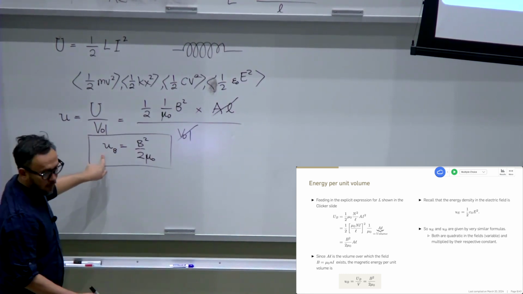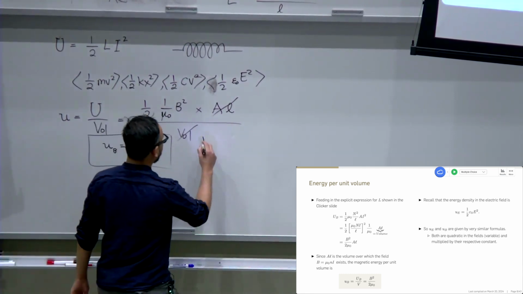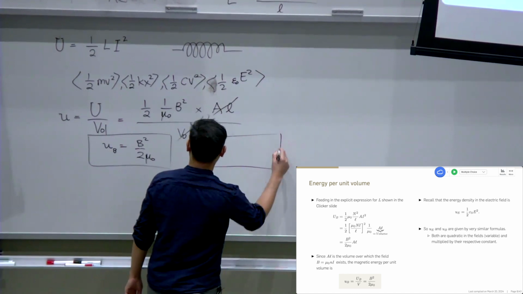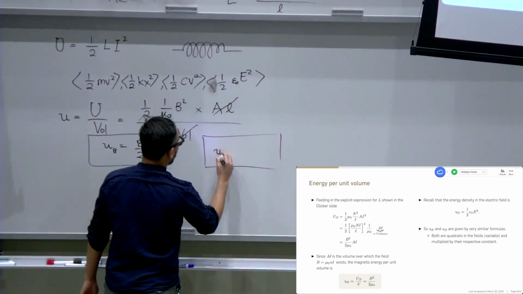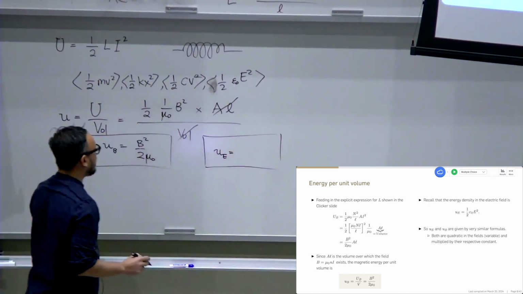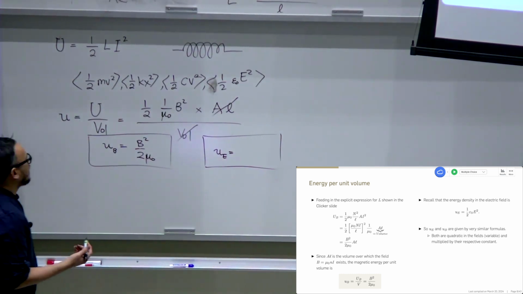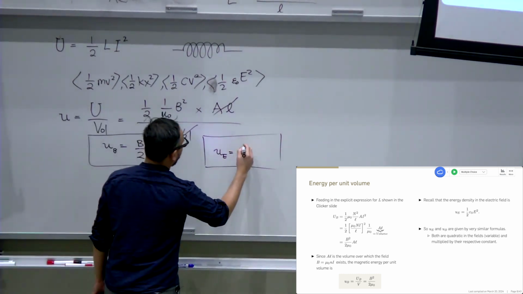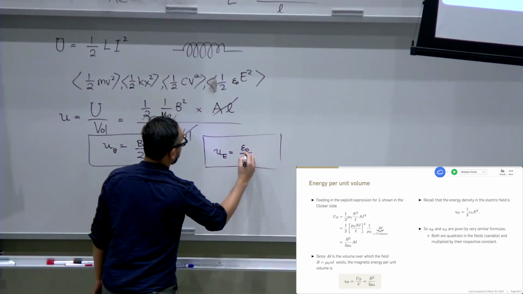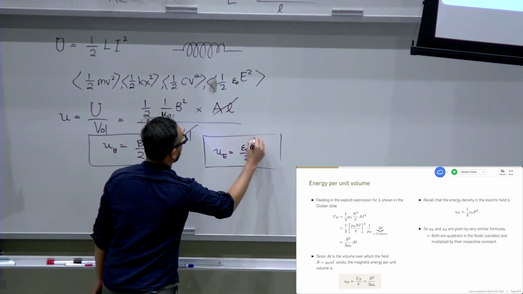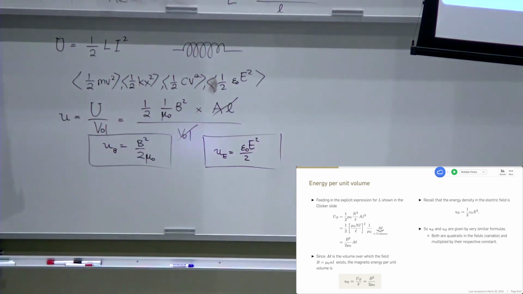We will use this formula when we discuss electromagnetic radiation today. You can compare this with the energy of a volume that contains an electric field, which is epsilon naught divided by 2 times E squared. Okay.